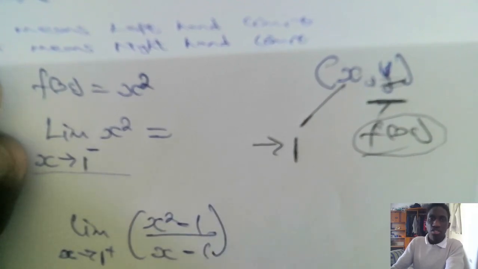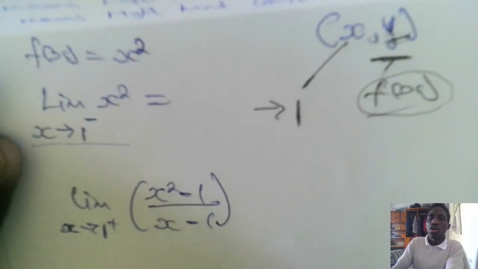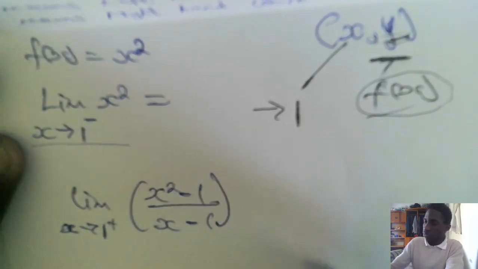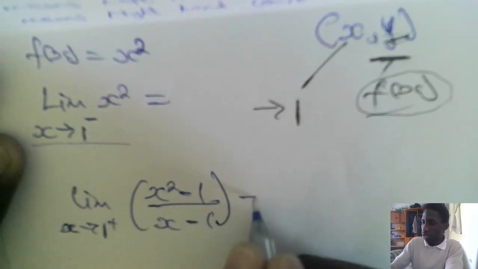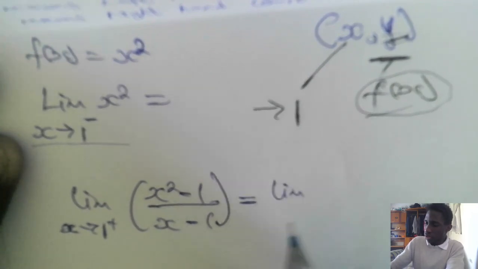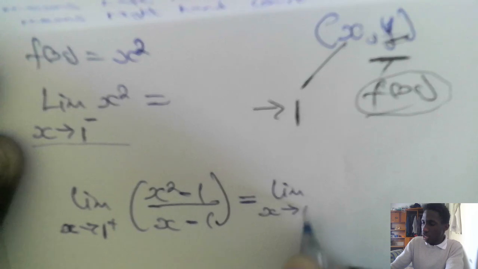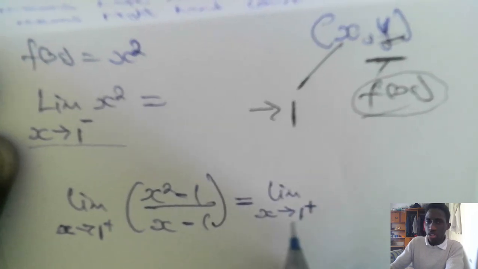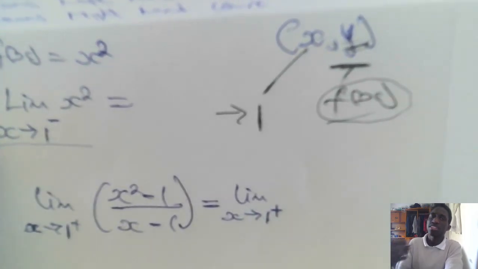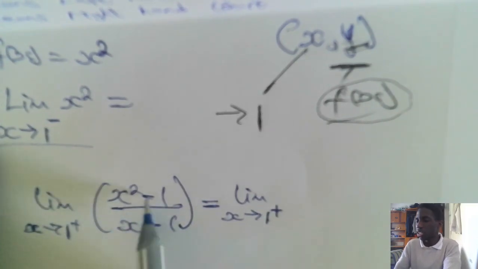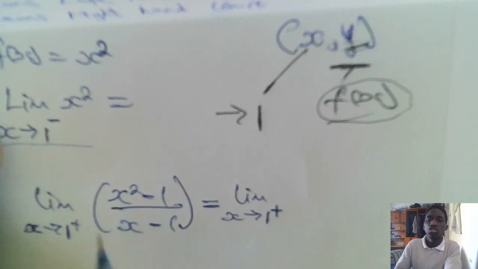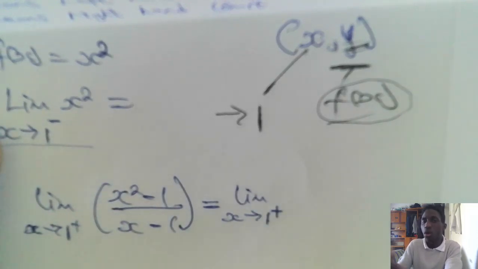Now, the first step in doing this is, as usual, to simplify. So how do we simplify? In our previous videos, what we normally do is that we test. We substitute 1 inside, and then we see what we get.